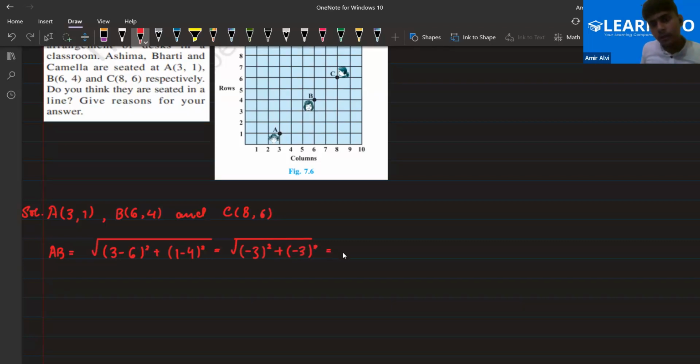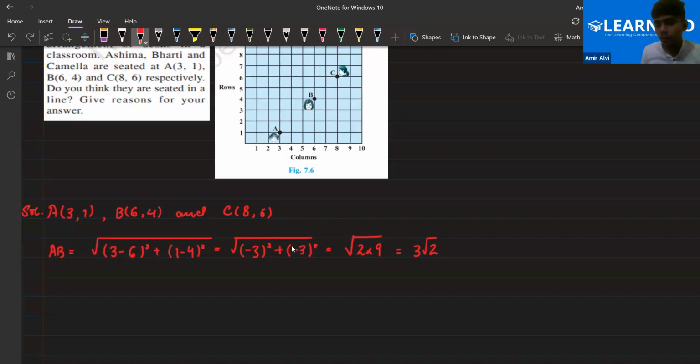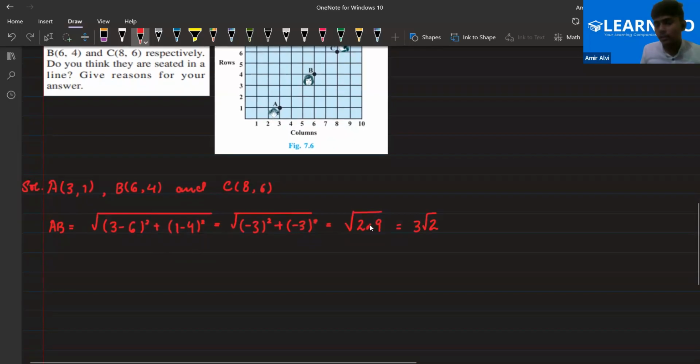So it is under root of 2 into 9. Yes or no, Gianna? So I can write 2 root 3. Yes or no? 2 into 9 can be written as 2 root 3. Sorry, 3 root 2. It's not 2 root 3. It's 3 root 2. Yes or no? Because root 2 cannot be taken out as common, right? And square root of 9 is 3.